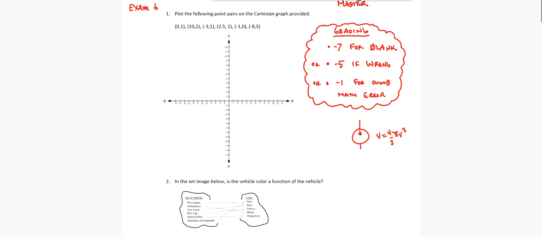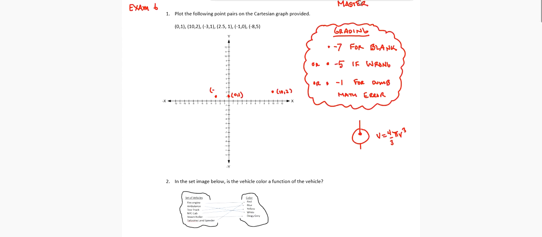Okay, let's get started. Number 1, I'm going to plot these points. So 0, 1. 0 x, 1 y is the first point. I'll try to write these here. 0, 1, not 0, 10. 0, 1, and then 10, 2. Here's 10, 1, 2, 10, 2. It's right here. Minus 3, 1: 1, 2, 3 in the minus direction, and 1 in the positive direction.